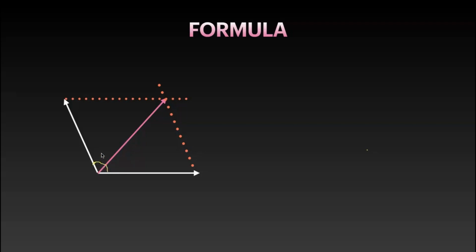Assume the angle between the two vectors is theta. Okay. Assume this is vector A. Assume this is vector B. Okay. How do you represent the magnitude of a given vector? Like this. Magnitude of B like this. Now, the formula of magnitude of resultant.